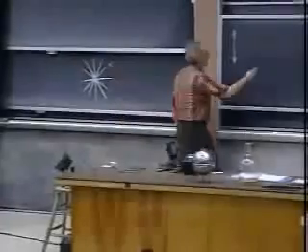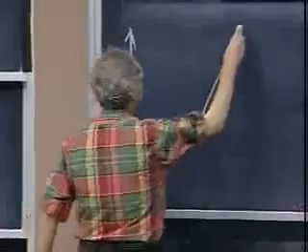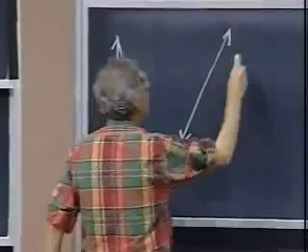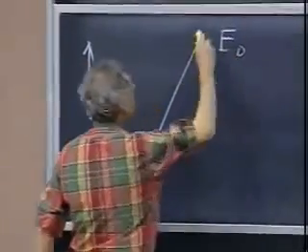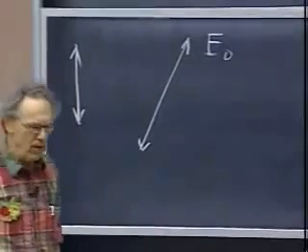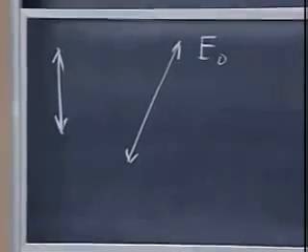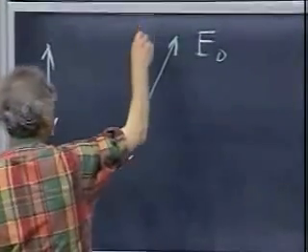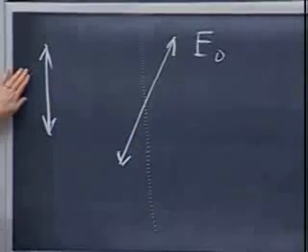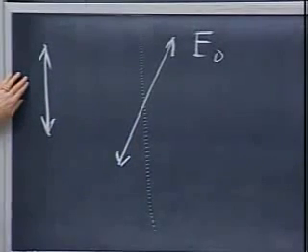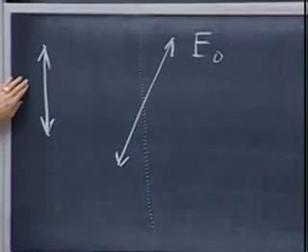That one comes in from the blackboard towards you, and so here it is, oscillating the E vector like this. E0 is the maximum value of the electric field strength in that plane electromagnetic wave. And this is the direction of the polarizer that I have through which this photon goes.